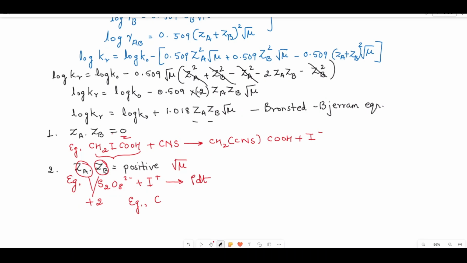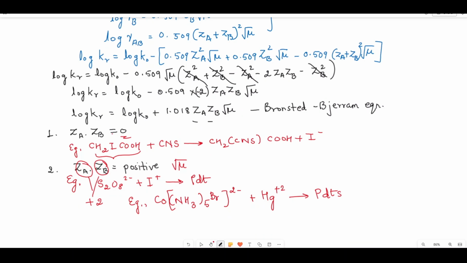A complex of cobalt Co NH3 5 Br, when it is along with Hg plus 2, we get the product.